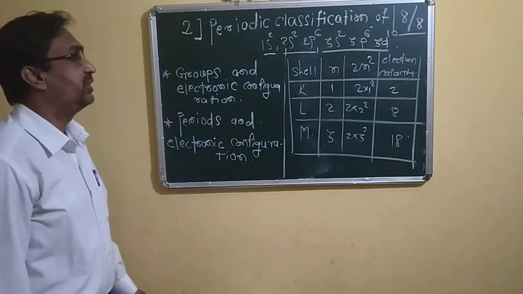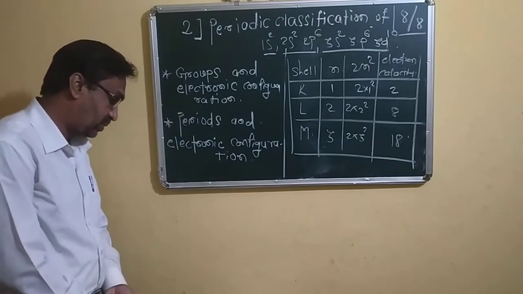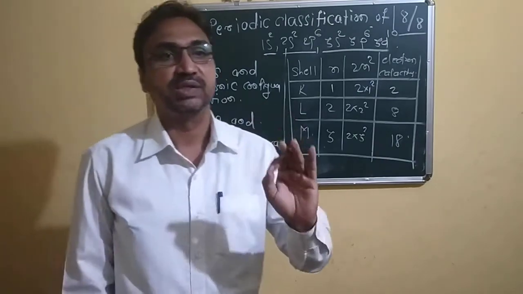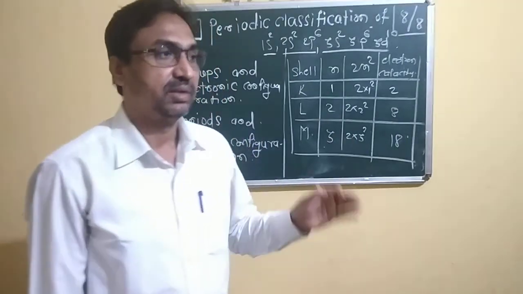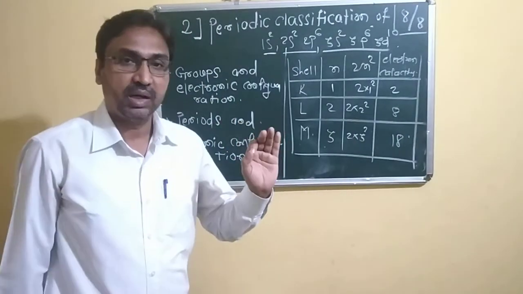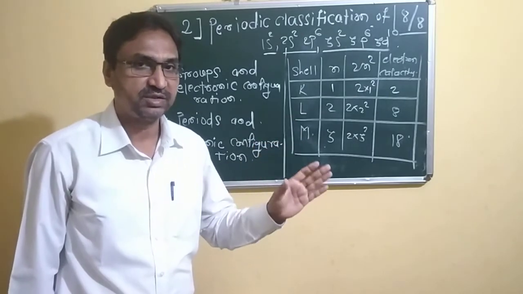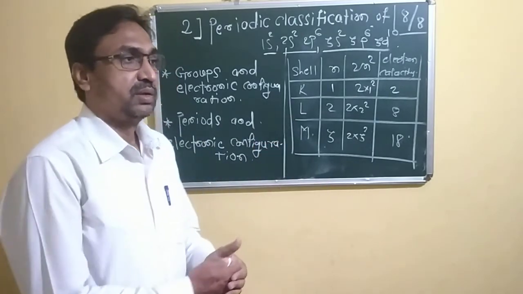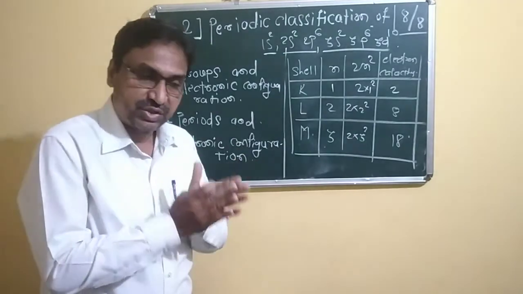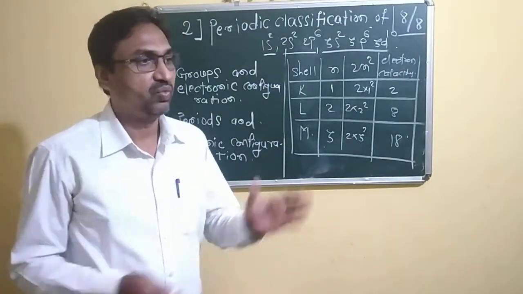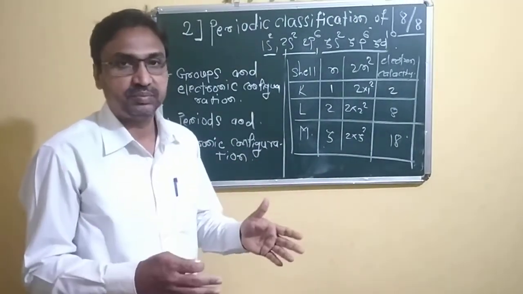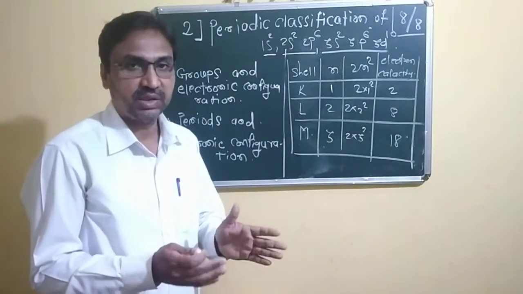So the reactivity of an element is determined by the number of valence electrons present in that element's outermost shell. How many electrons are present in that shell? Whether it is 1, 2, 3, 4, 5, 6, 1 is the most reactive. Second, 2 electrons, yes, it is reactive.